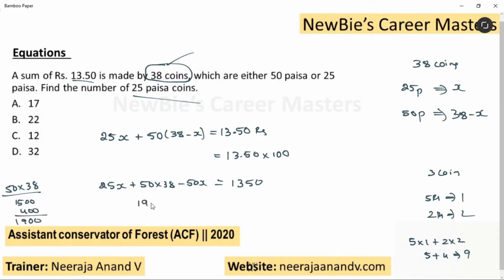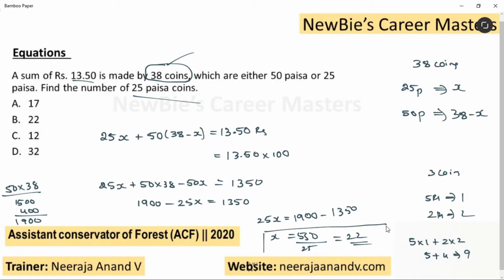Okay, 1900 minus 25x is equal to 1350. Yes, let's find the x value now. 25x is equal to 1900 minus 1350. We get this value as 550. So x value 550 divided by 25. Answer is 22. There are 22 25 paisa coins.